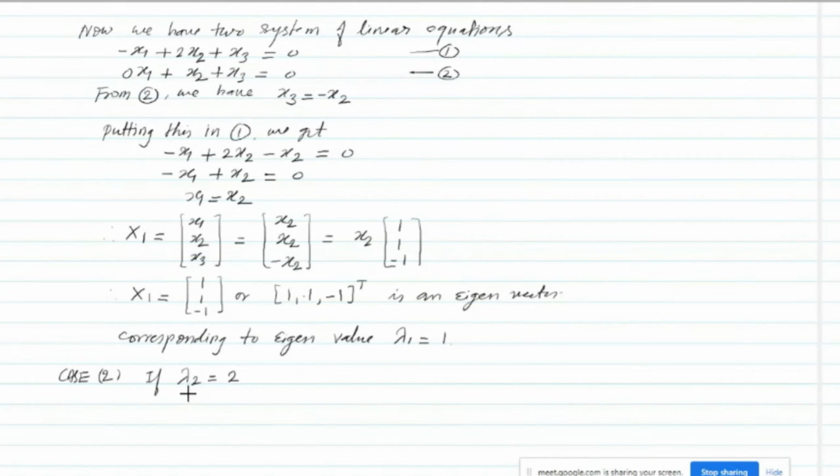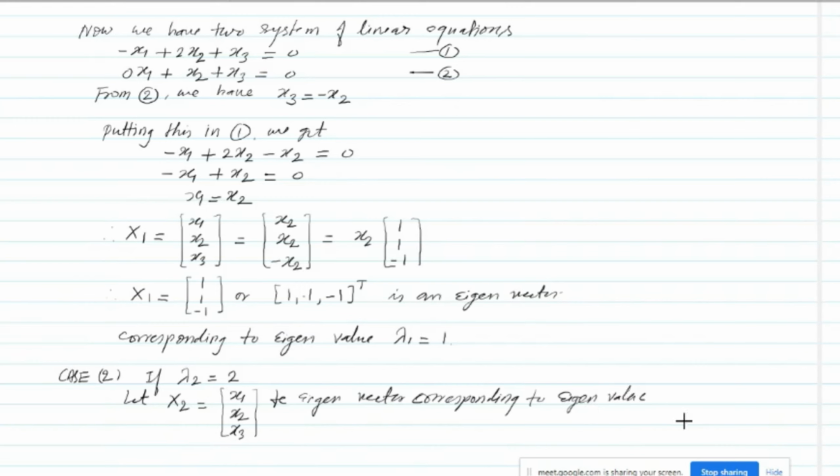Okay, if the eigenvalue is 2, let x1, x2, x3 be an eigenvector corresponding to eigenvalue lambda 2 equal to how much?